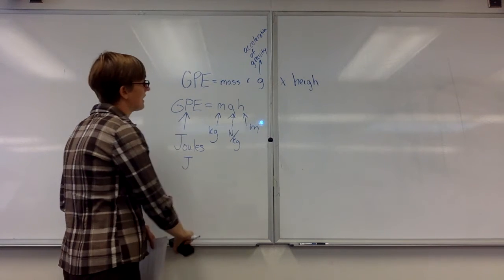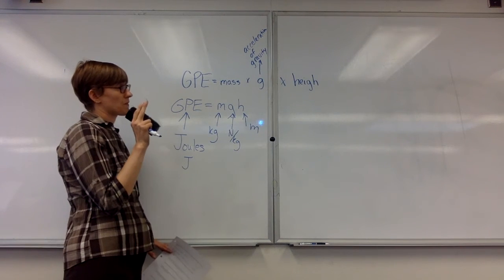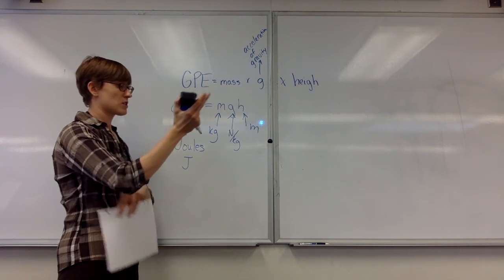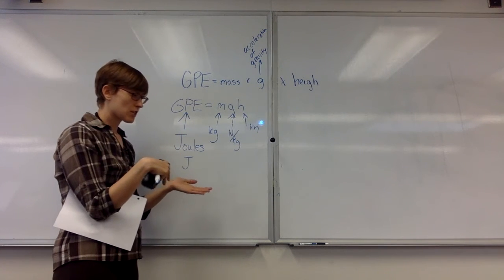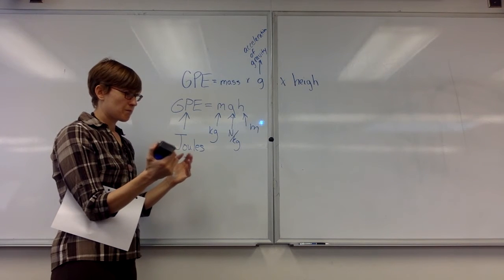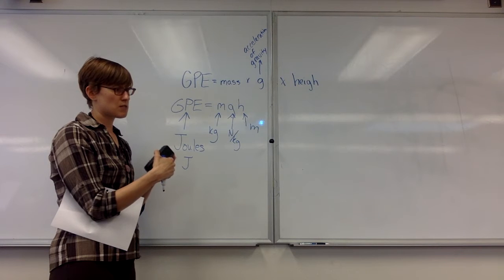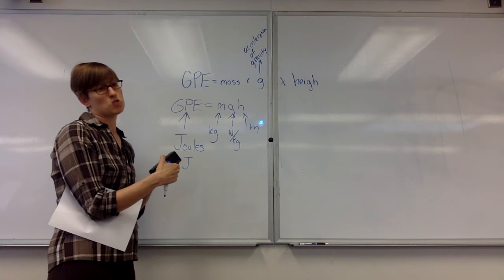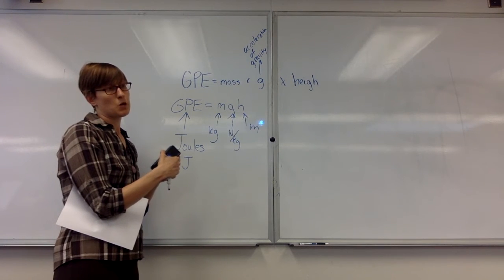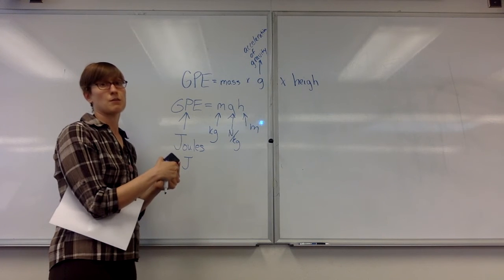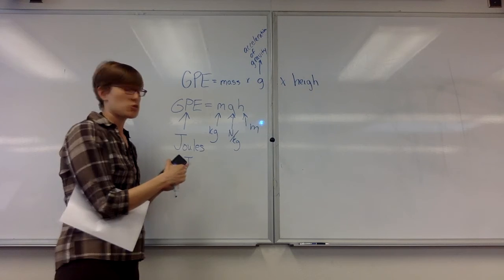So at any point in time, our gravitational potential energy and kinetic energy should be the same. So if an object originally has a potential energy of 500 joules, it will always have 500 joules of energy, just some of it will be stored and some of it will be being used in motion.